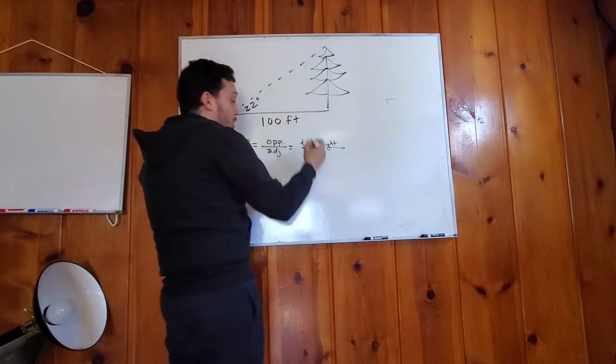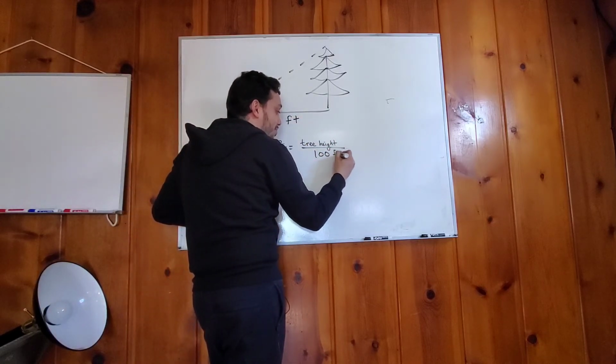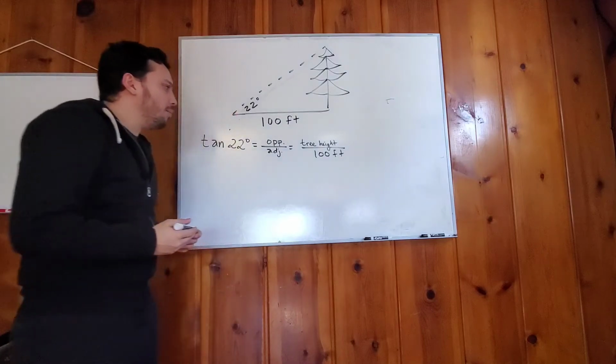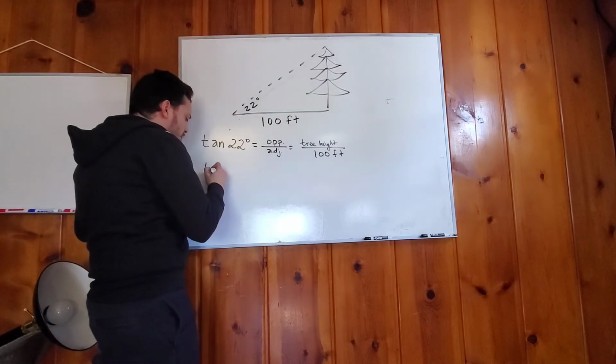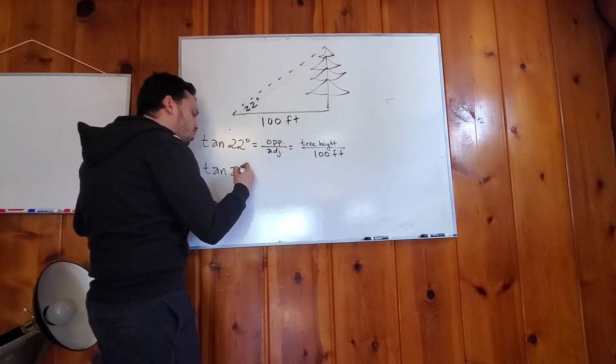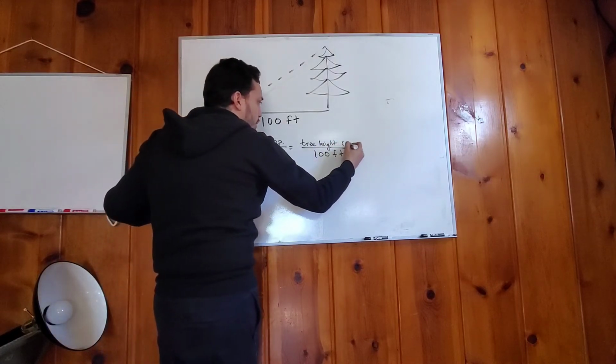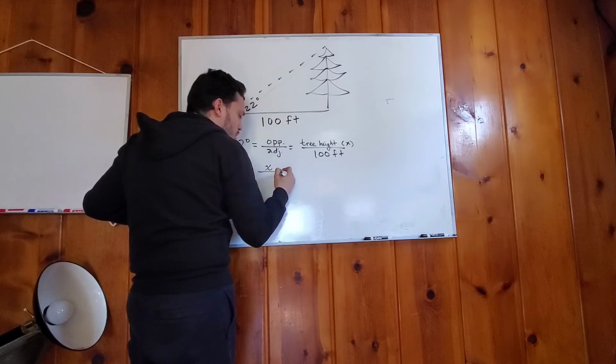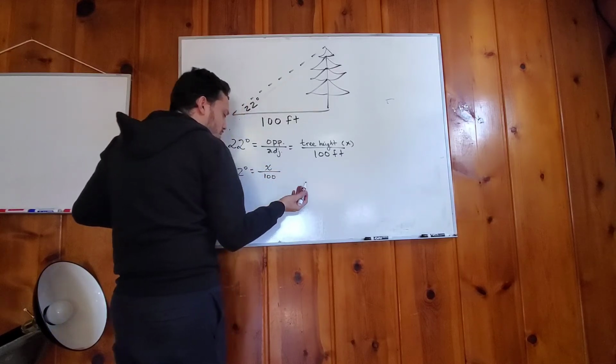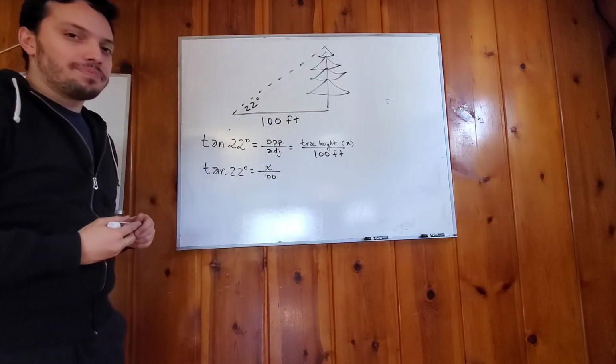The adjacent we do know. It's 100 feet. Okay. So where does this take us? We have tangent of 22 degrees equals, let's call this x, by the way, x over 100.